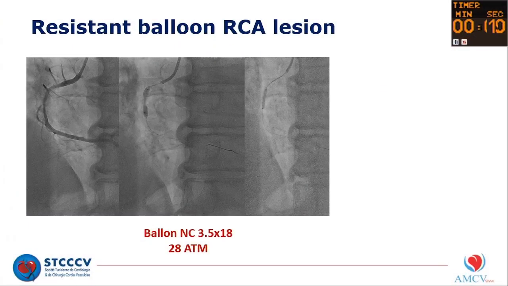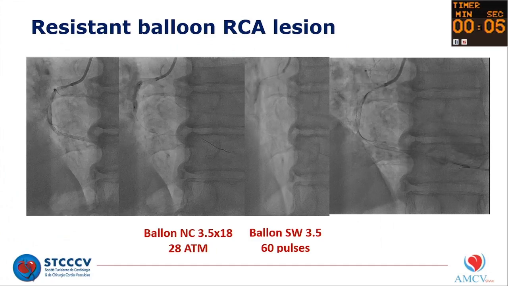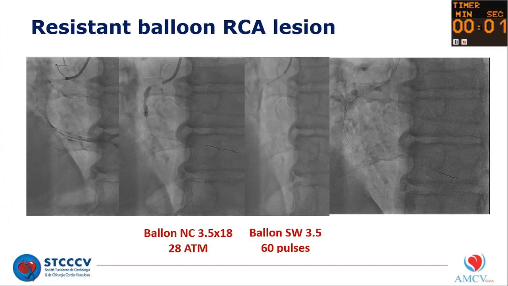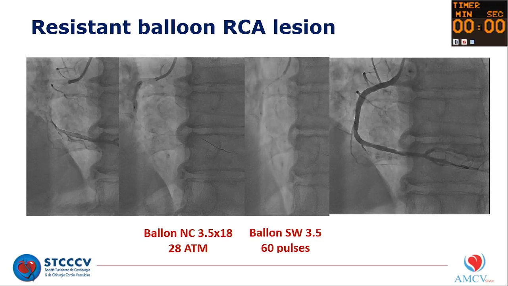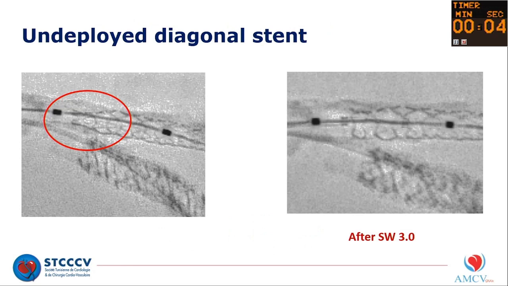This stenosis on the right coronary, resistant with a high pressure balloon: just 60 pulses with a shockwave, and a good success to implant the stent safely. An example of an undeployed diagonal stent, and you see after shockwave, excellent result.